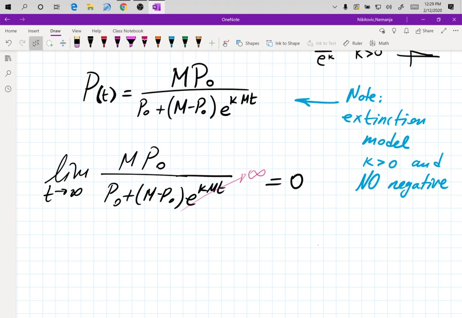Now, something very interesting happens. This is the extinction model, and we know that this is the solution to the differential equation, and we solve that differential equation because we have births and deaths. Now, you should be able to trace this calculation back to the fact that in order for this to happen in nature, there has to be more deaths than births, and eventually extinction happens over time.